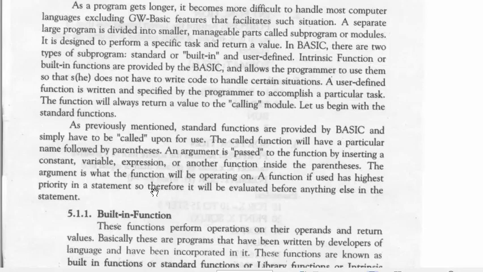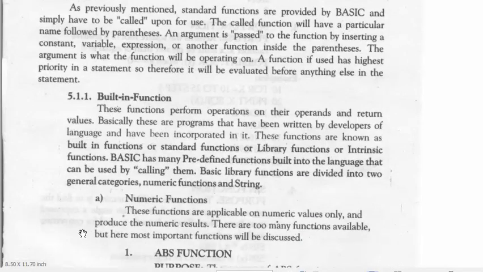Built-in function. These functions perform operations on their operands and return values. There are two things in a function always. One is called operator and the other is called operands.